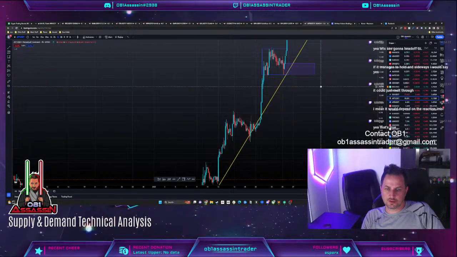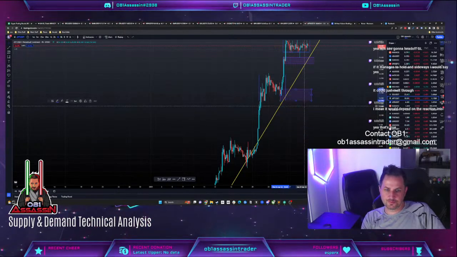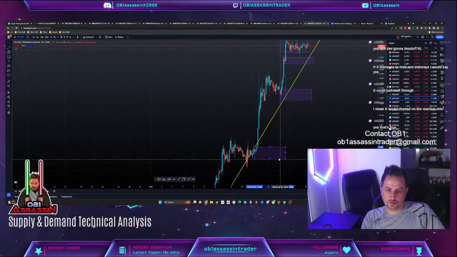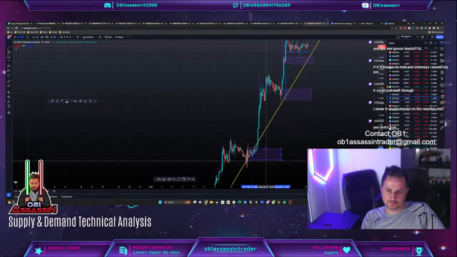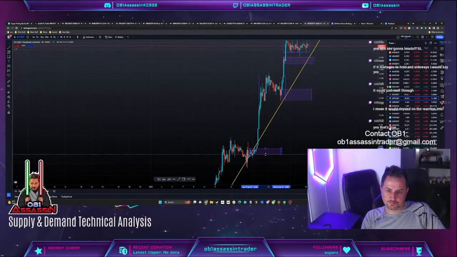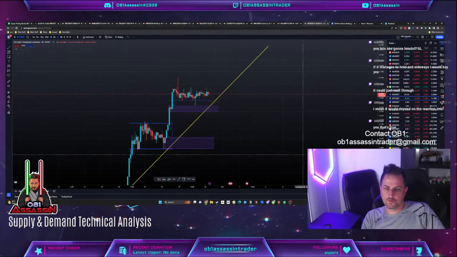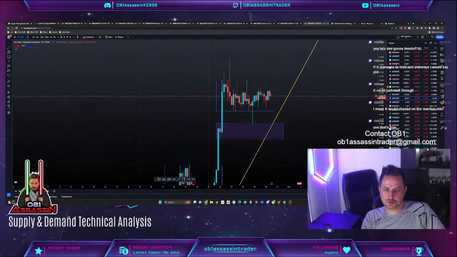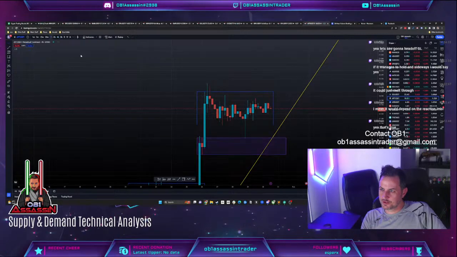It's very consolidated on APT at the 4 hour level. Okay, those are my key order blocks. I'm not seeing too much else in terms of breaking structure, that's the thing.